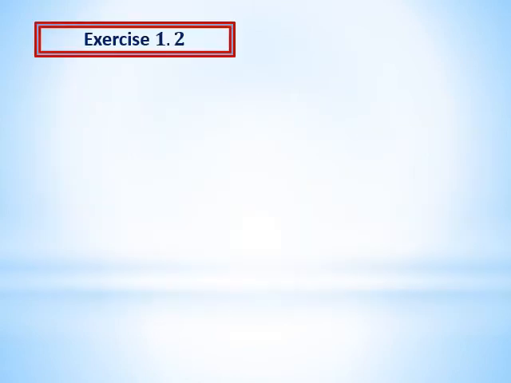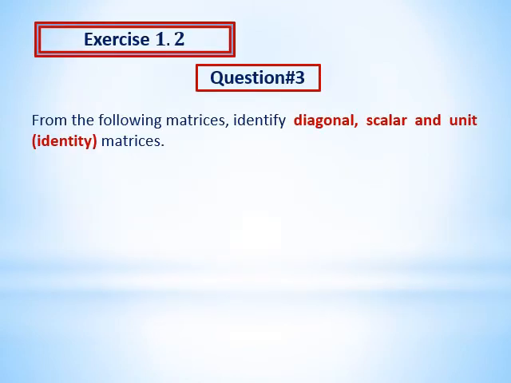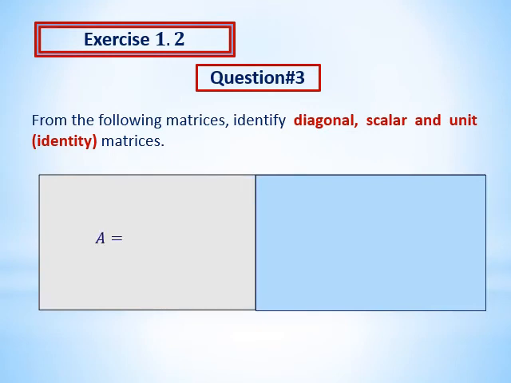Next, question number 3. From the following matrices, identify diagonal, scalar, and unit. And we know that a unit matrix is also called an identity matrix. So matrices are given and we are going to sort out which of them are diagonal, which are scalar, and which are unit or identity matrices. Look at the first matrix A. Its entries are 4, 0, 0, and 4.